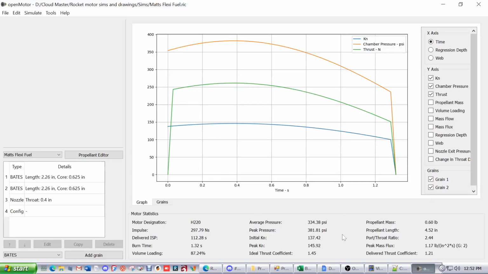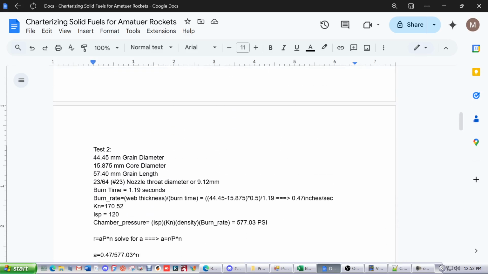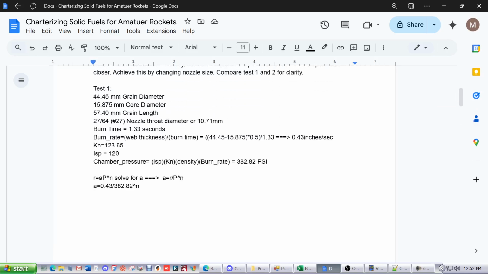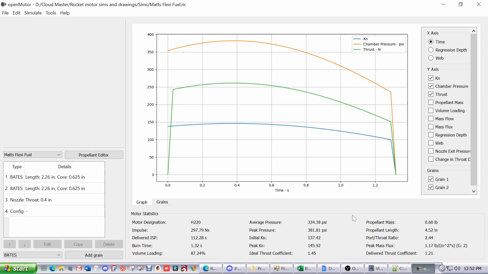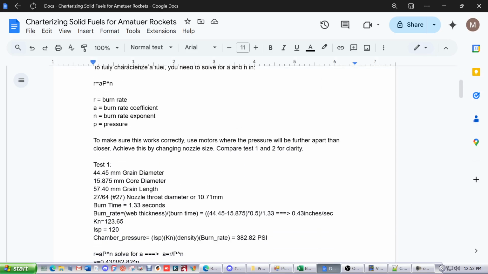So let's look at some other things. The initial KN is 137. Let's see, I calculated 123 for that one. So a little different, but not too bad. Burn time is 1.32 seconds. My burn time was 1.33 seconds, and this is for test number 1. I should state that.